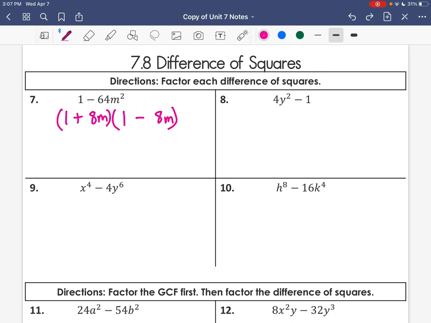Okay, I'm actually not going to do number 8 because it's very similar to 7 and it's just got a square. But then notice that 9 and 10 have bigger exponents. So if you have an exponent greater than 2, then you're going to divide it by 2. So for this one, we would do it this way and still have a plus and a minus.